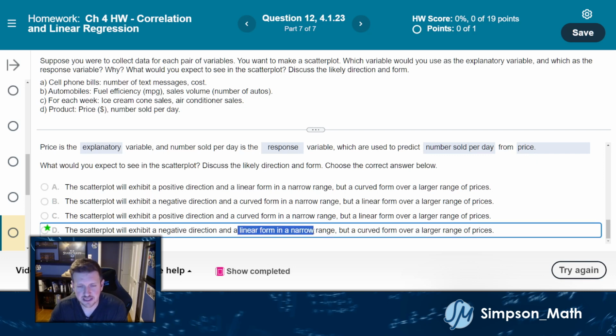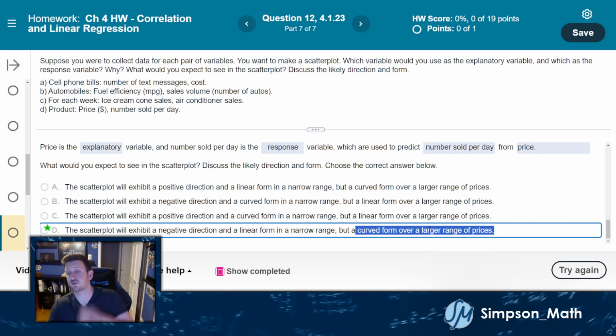But what's interesting is that it would be pretty linear in a narrow range, but rather curved in a larger range of prices. Because as the price grows, the demand for it is going to go down, but not necessarily go to zero. So it's going to have kind of a curve to it.